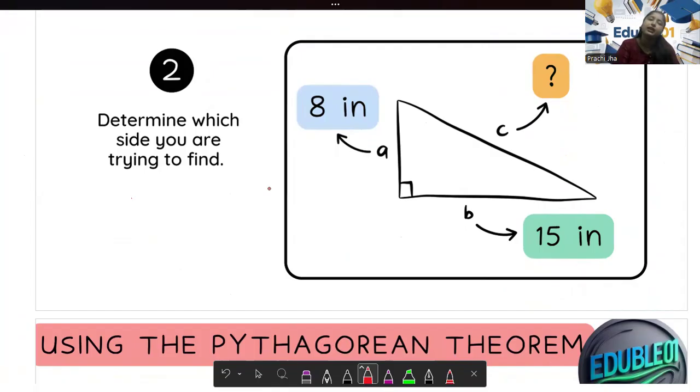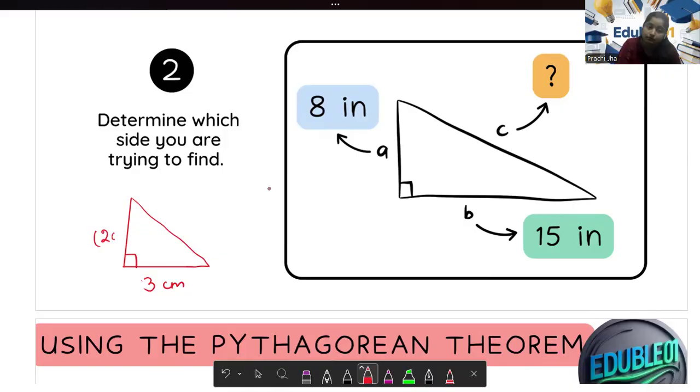Now let's try to use the theorem. Okay, let's start with the basic small numbers first. So let's make a triangle. Okay, so now let's name this. Okay, so we have this triangle. Let's say the base is 3 centimeters and the perpendicular is 2 centimeters.